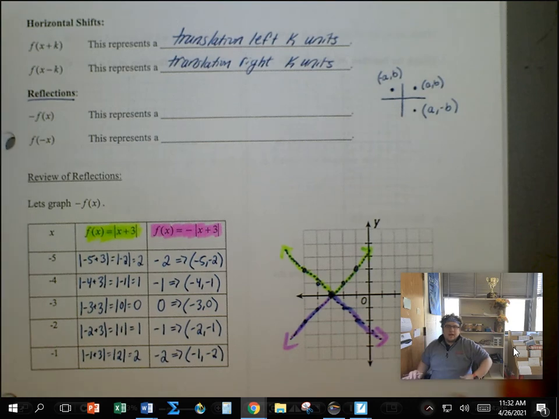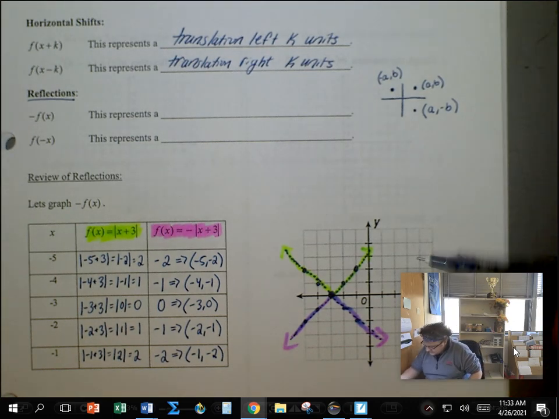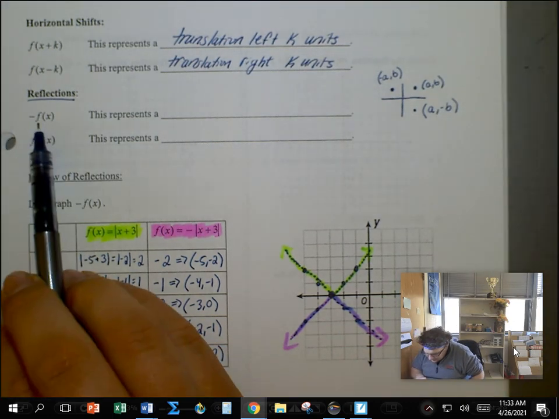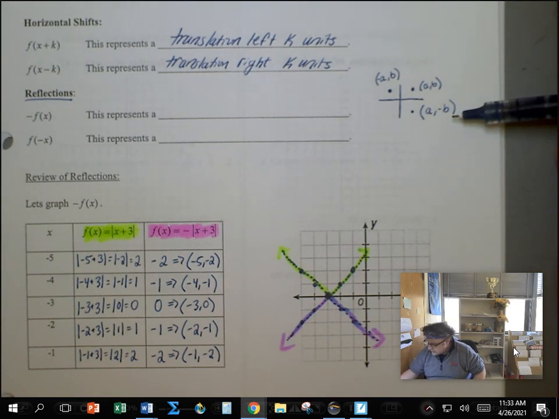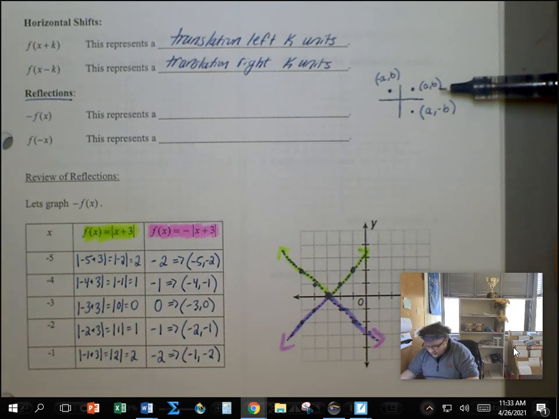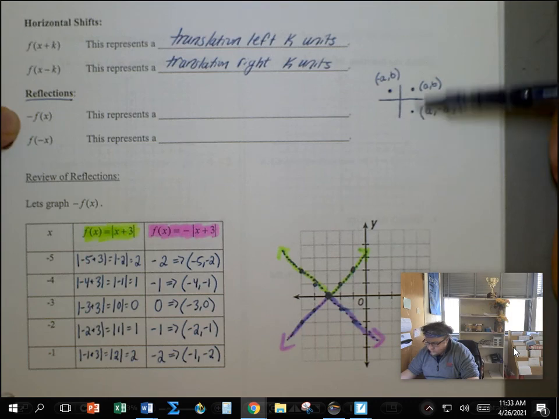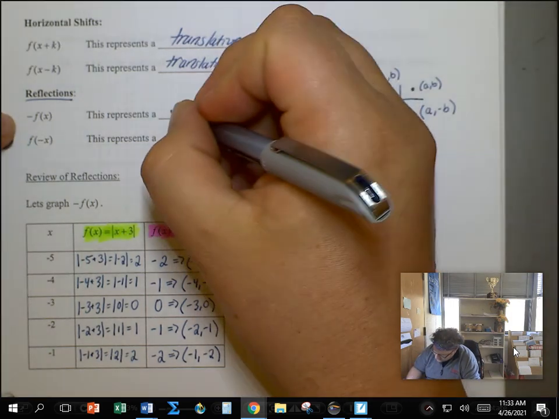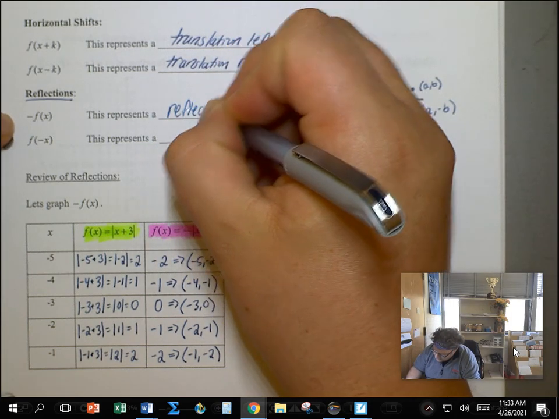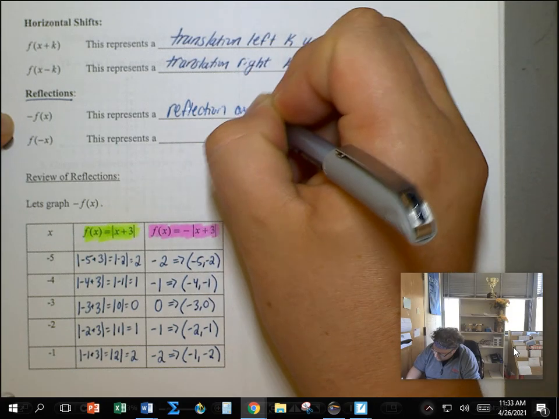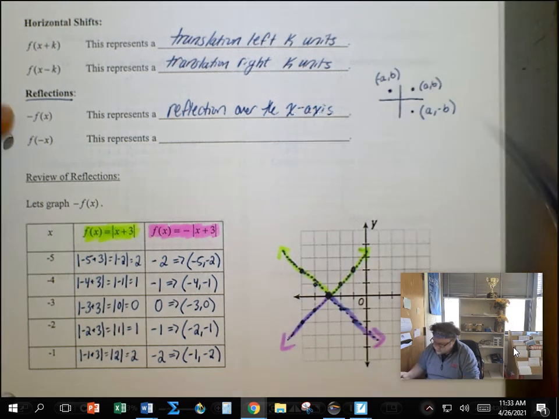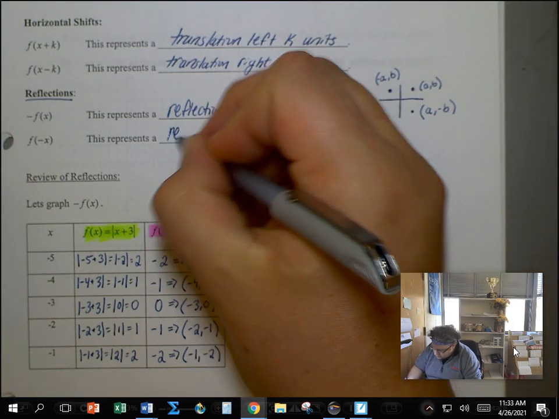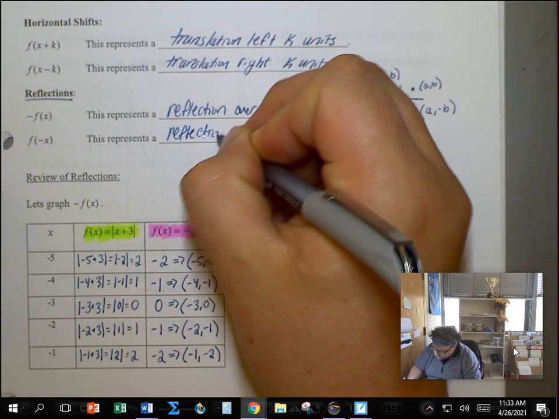So with all this in mind, now we kind of realize that the outside, that is related to the y coordinate. So when we took AB and we put the negative on the output value, it flips it over the x-axis. So this represents a reflection over the x-axis.